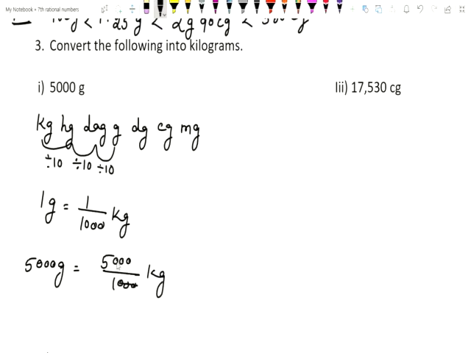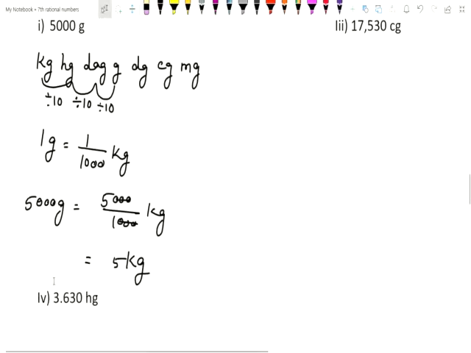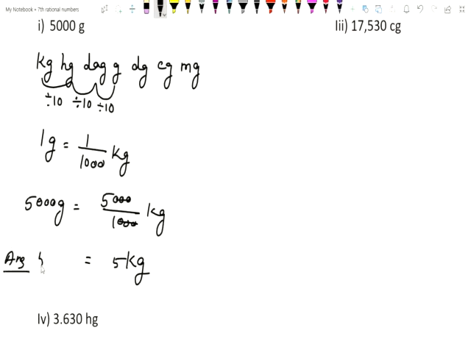Cancel the 3 zeros. So what will we get? 5 kilogram. So what is the answer? 5000 gram equals 5 kilogram. See the next one.